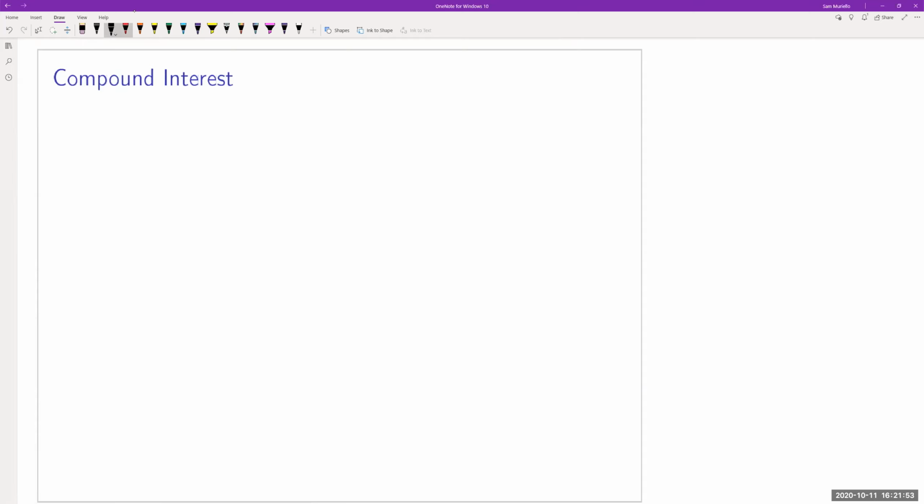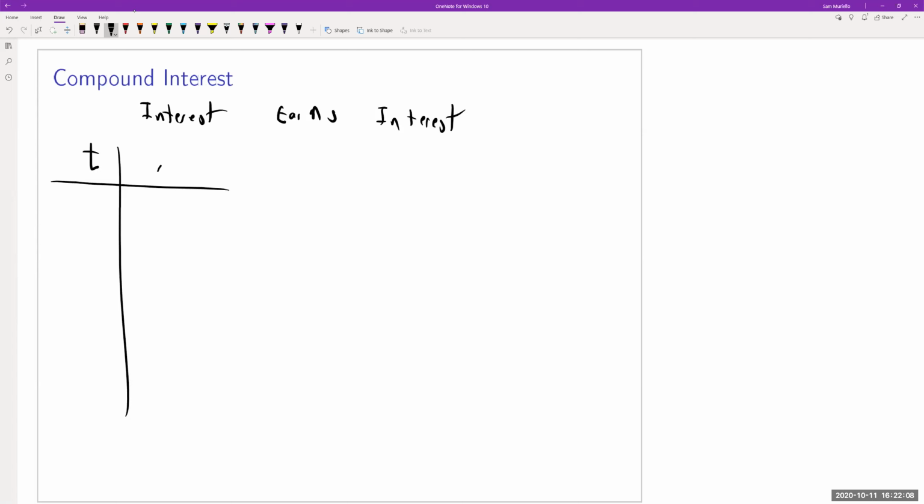And the idea of compound interest is that the interest earns interest. So let's take the same scenario. And let's say that at year 0, you've still got $100, and at year 1, you've got 105.